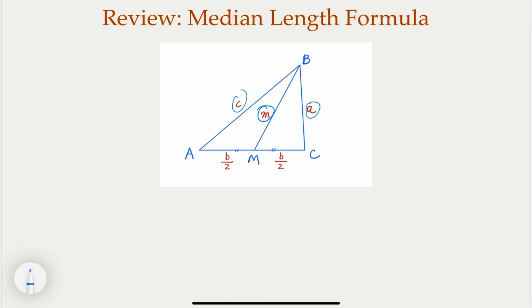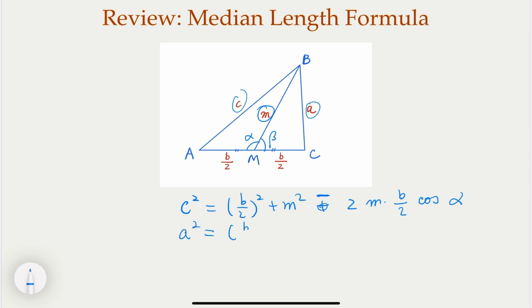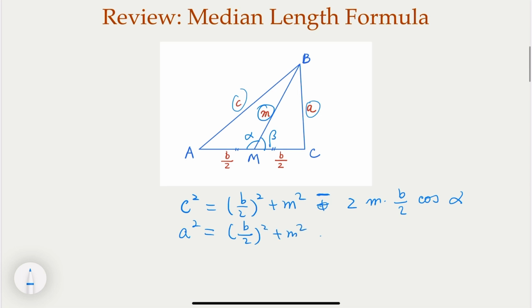So what we get is c squared equals (b over 2) squared plus m squared minus 2m times b over 2 times cosine of the angle AMB. Let's call it angle alpha, and this one beta. Now similarly, a squared equals (b over 2) squared plus m squared minus 2m times b over 2 times cosine beta.